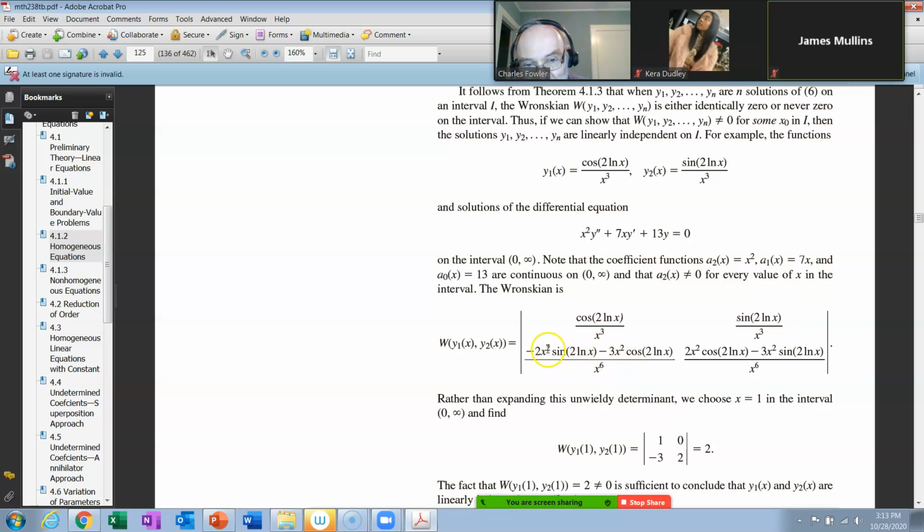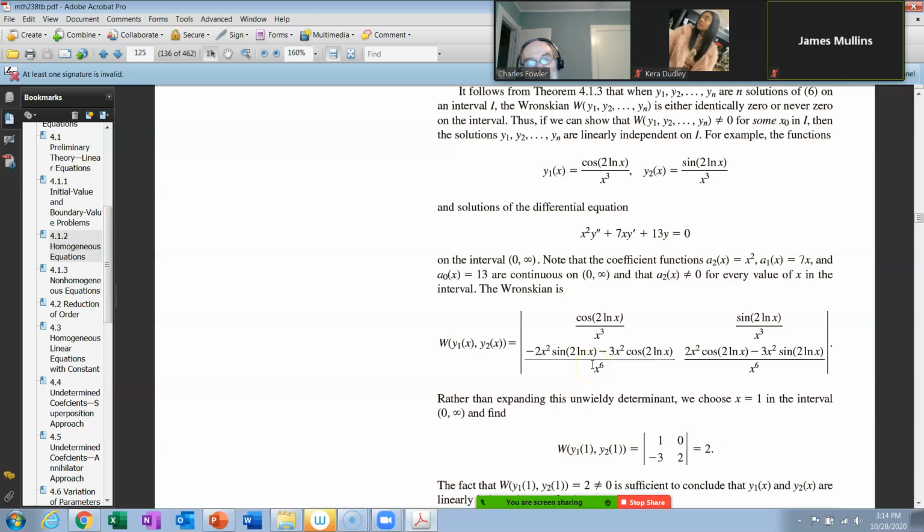Well, here you have an x squared, there you have an x squared, so you could lose those two and just have your reduced form, I would say. And then when you do the same thing here, this gives you a positive 2x squared cosine 2 log x minus 3x squared sine 2 log x, and again that's over x squared. Factor out an x squared here, and this gives you over x to the 4th, just like this gave you over x to the 4th.